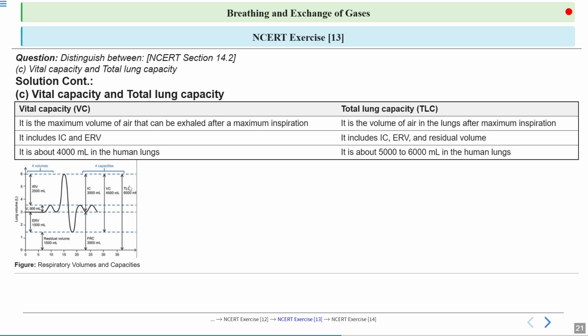It is IRV, tidal volume, ERV, right, and residual volume. All is added to get the total lung capacity. So I told you in the previous class also that you have to remember this graph, and it is very, very important. You can see here 4 volumes and 4 capacities, right?